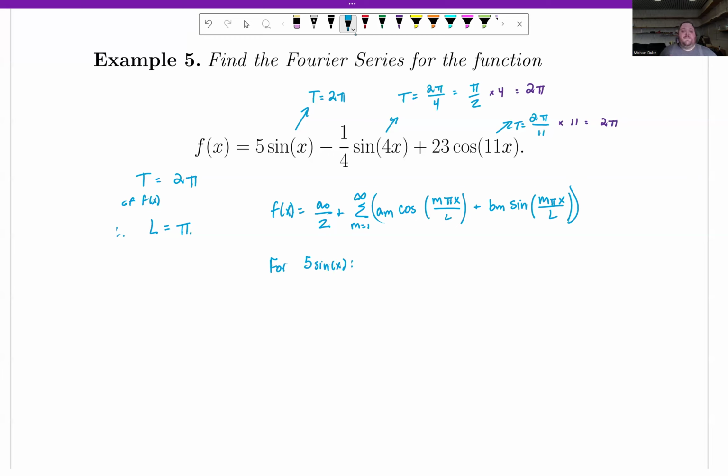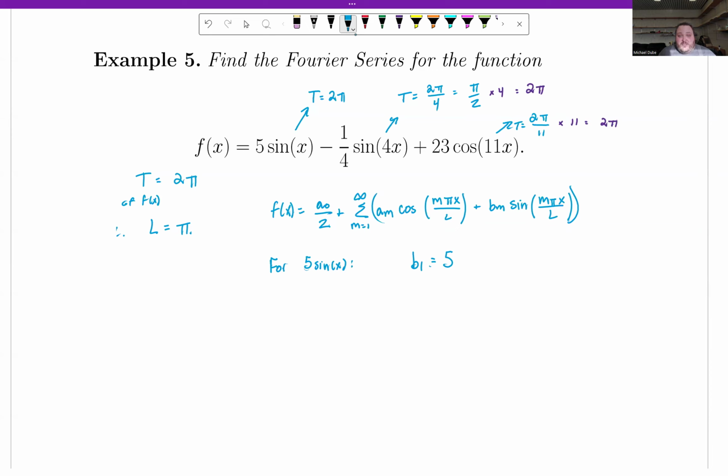Well, in order to get a 5 sine of x from this term, that means this coefficient has to equal 5, but it has to be the term that is going to cause this to be 1. So that means b1 is equal to 5, because we want our coefficient to be 5, and we want inside our sine to just be x.